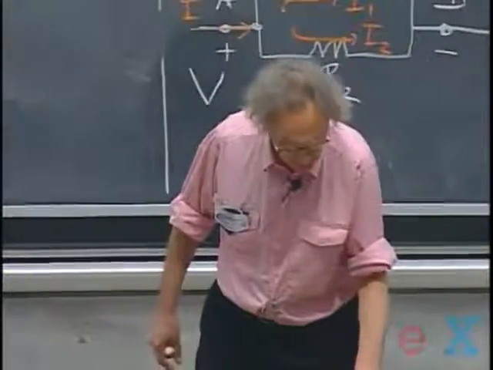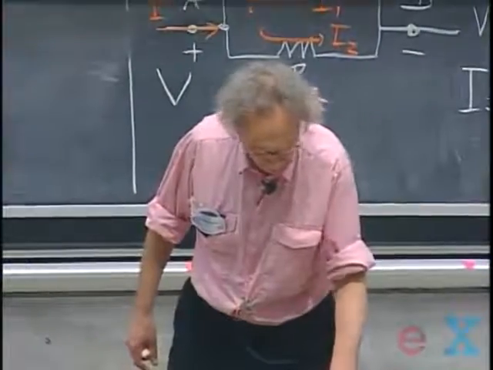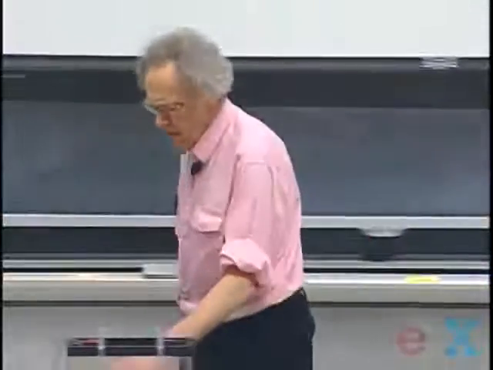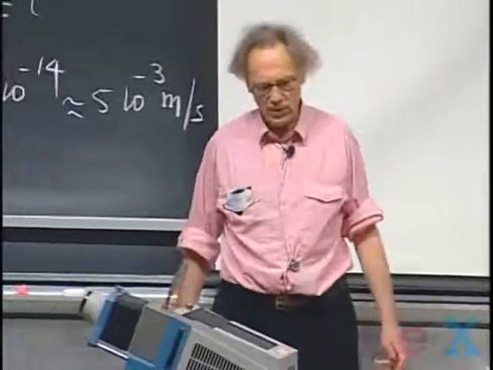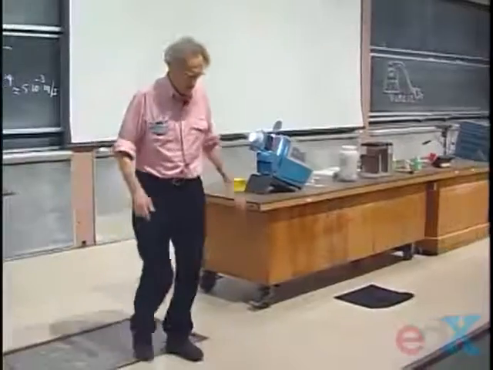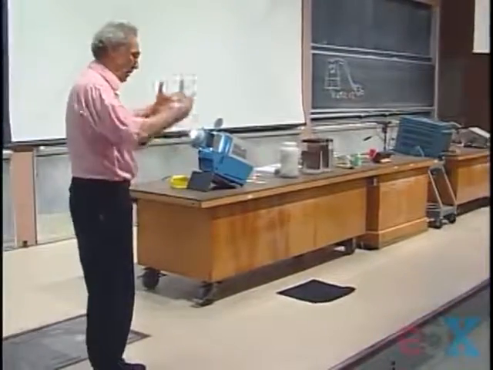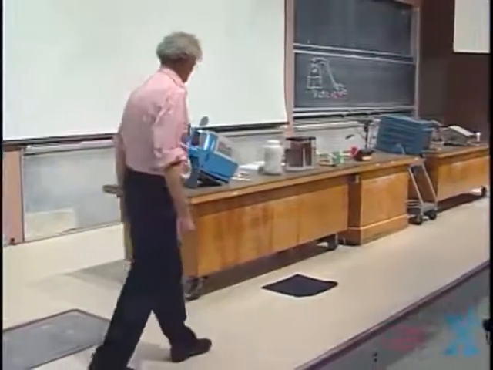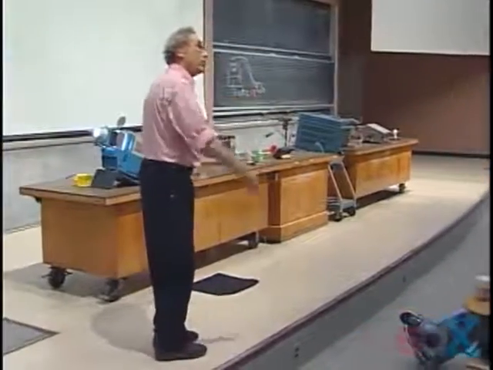I want to demonstrate to you that indeed, even with my shoes on, that means even with my 2 billion ohm resistance to the ground, it will be very difficult for me, for instance, to keep charge on an electroscope. I'm going to put charge on this electroscope by scuffing my feet. But since I have my shoes on, I'm not standing on a glass plate, the charge will flow through me.